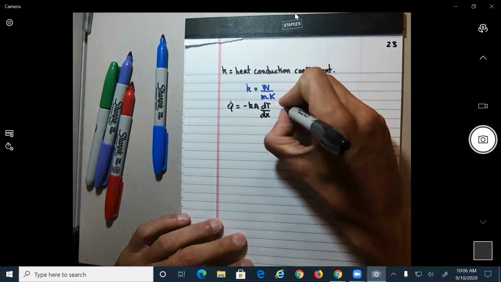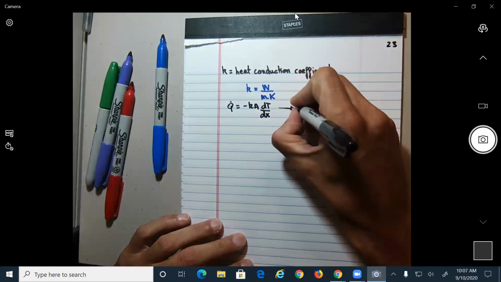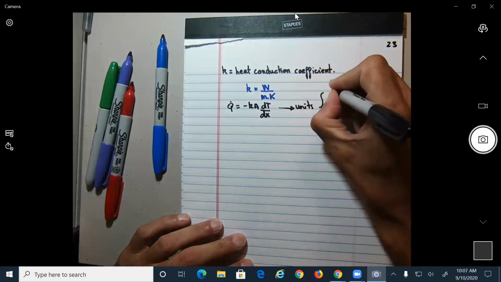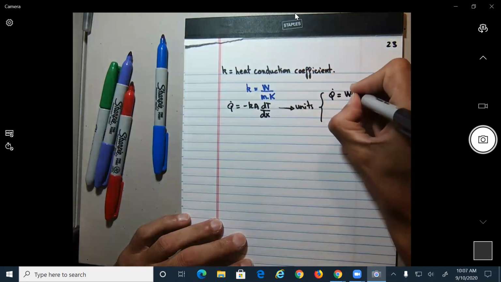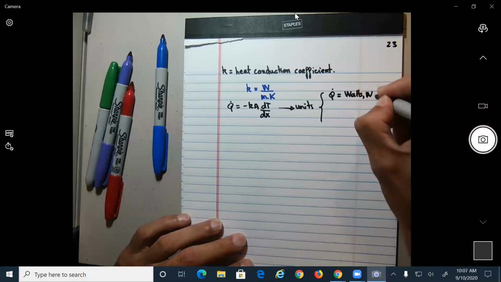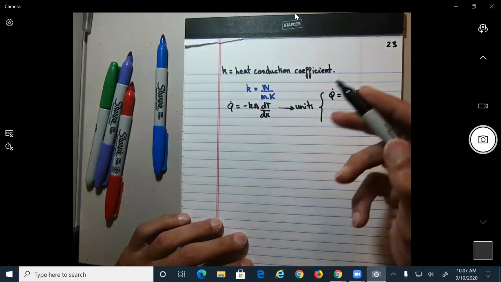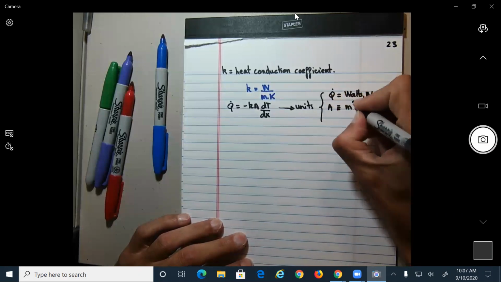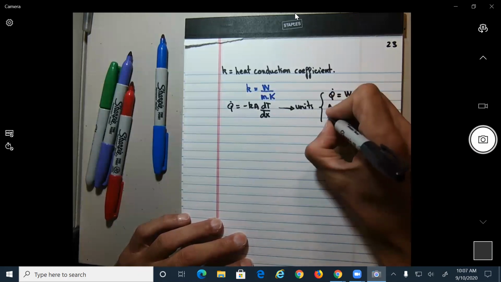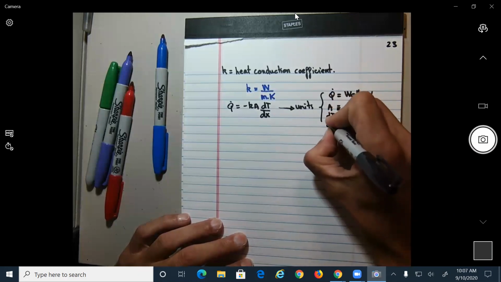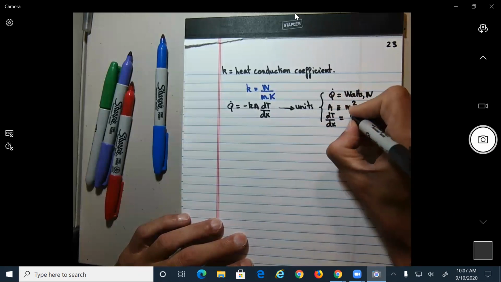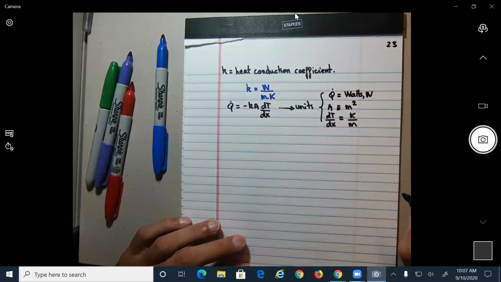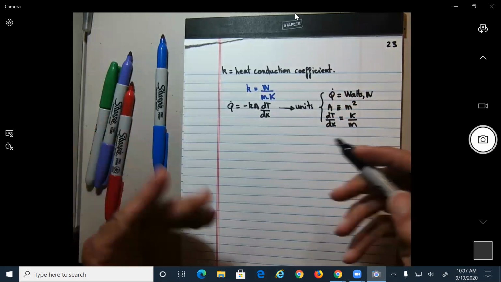Units of Q dot should be in watts. K, we already put it there. The units for area, in metric, will be meter square, and dT dx should be Kelvin per meter, no?